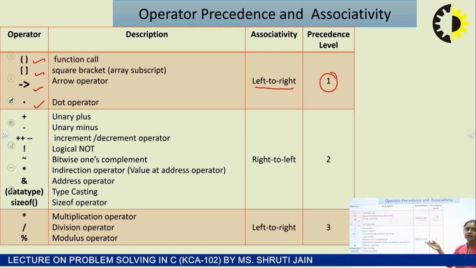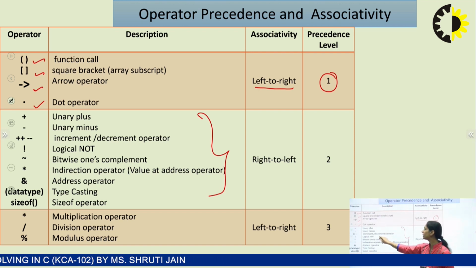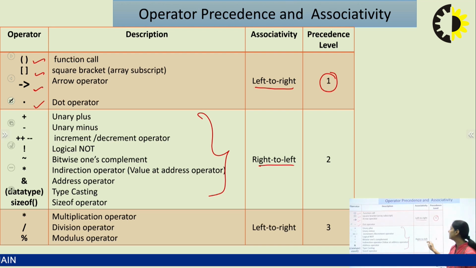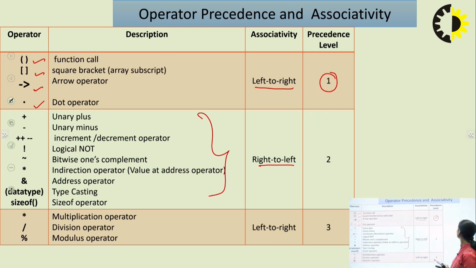Once this is solved, then we have all the unary operators: unary plus, unary minus, increment, decrement, logical not, bitwise not, address operator, typecasting and sizeof operators. The associativity of them is from right to left, and they are at precedence level 2.